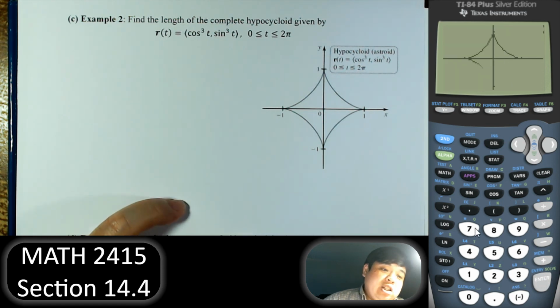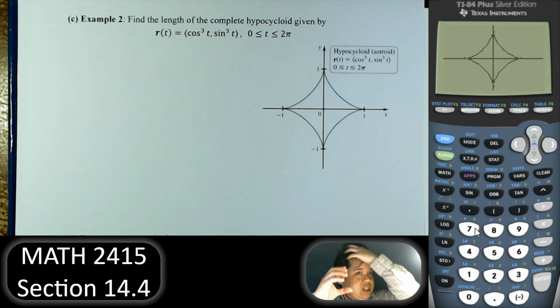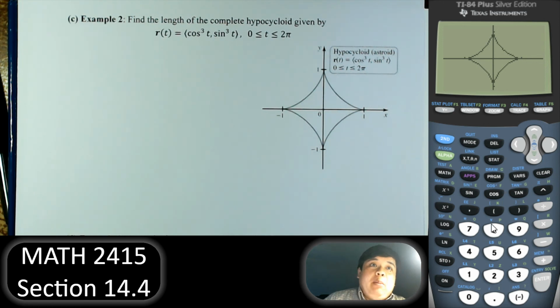Much better. So that is now the namesake hypocycloid. Hypo usually is less. I'm not sure if it's even true, but hyper is over, hypo is under, right?